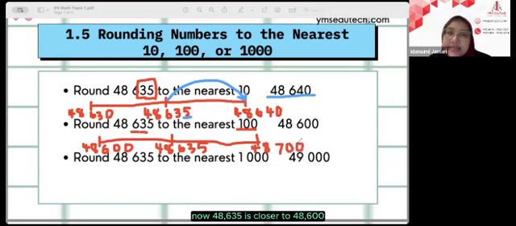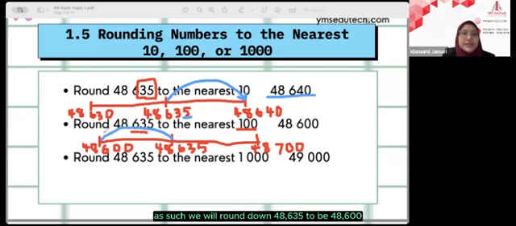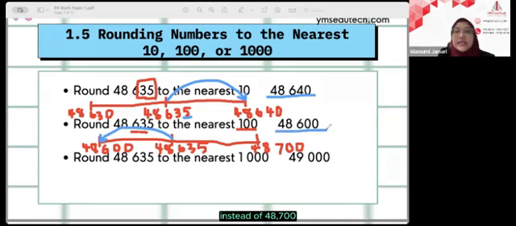Now, 48,635 is closer to 48,600. As such, we will round down 48,635 to be 48,600 instead of 48,700.